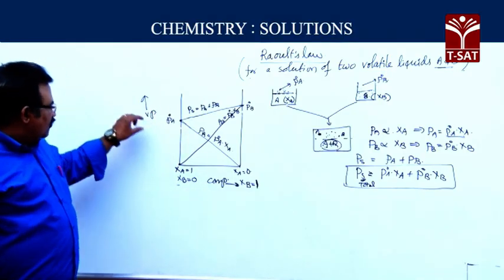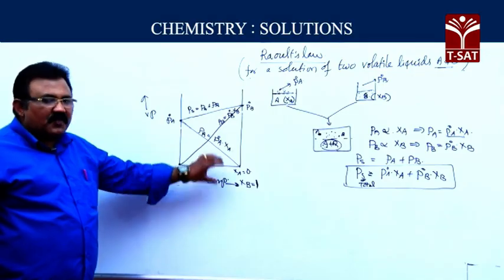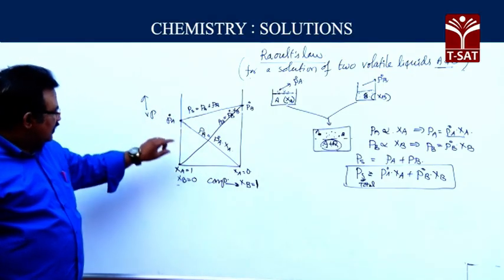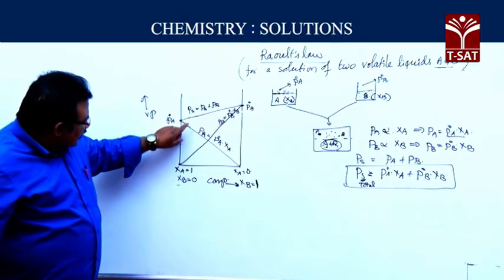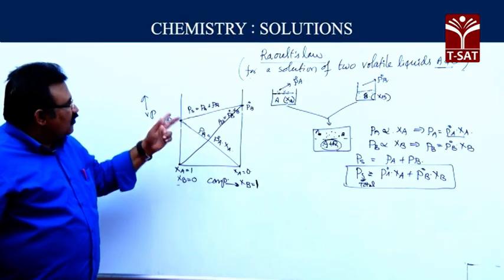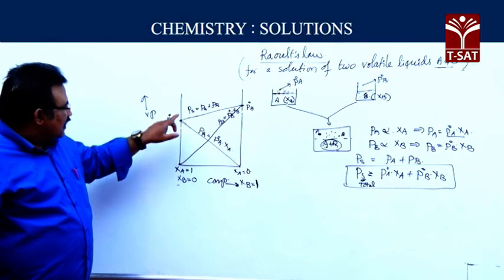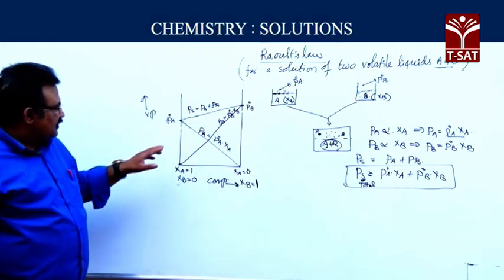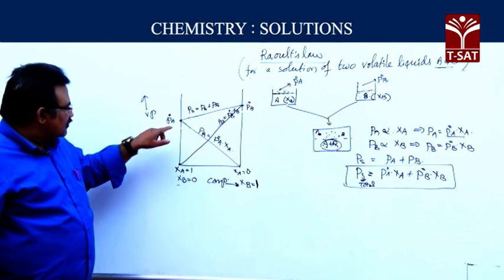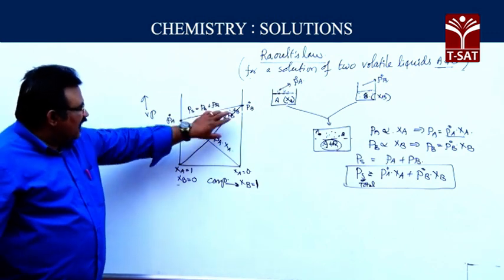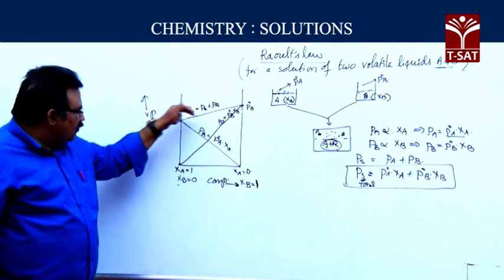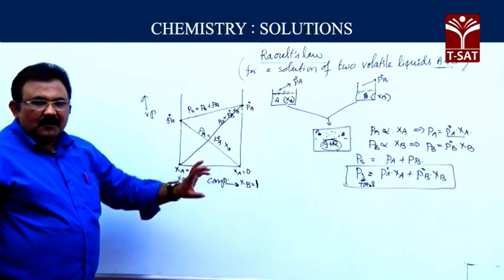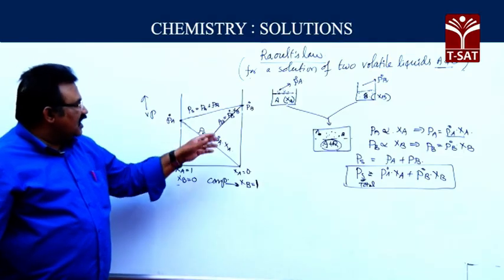So, in this vapor pressure versus composition graph, we understand that if the two liquids are volatile, the total vapor pressure of the liquid may be higher or lower, depending upon the composition of the components in the liquid mixture.